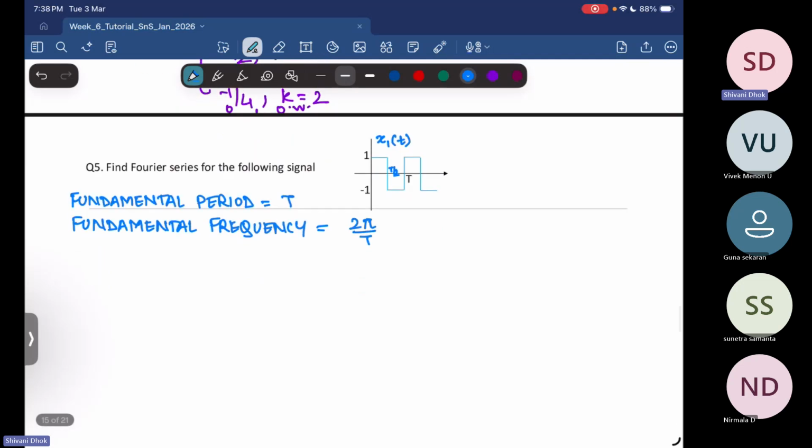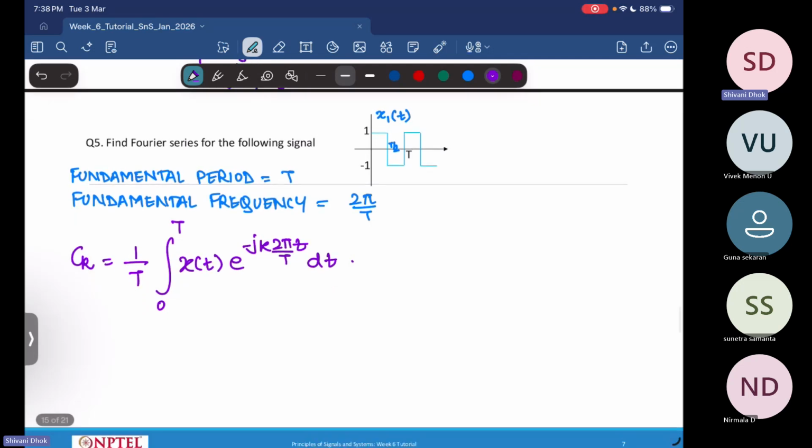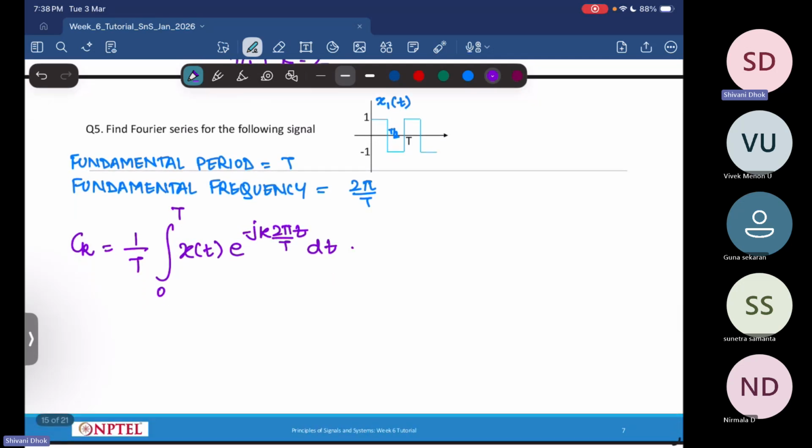So how to find your Fourier series coefficient? So your Fourier series coefficient Ck will be given by 1 by T integral 0 to T x of t into e power minus j k 2 pi by T into little t dt. Now we know that from 0 to T by 2 your x of t is 1, and from T by 2 to T it is minus 1.